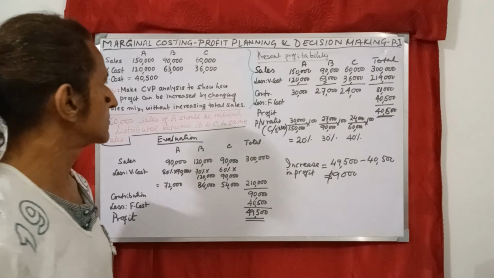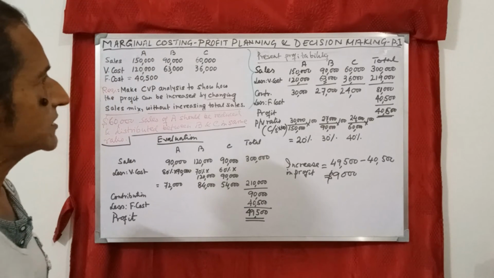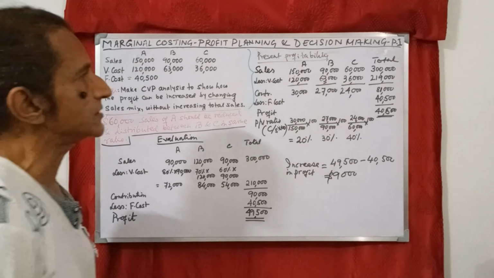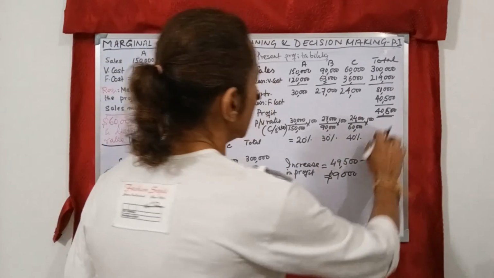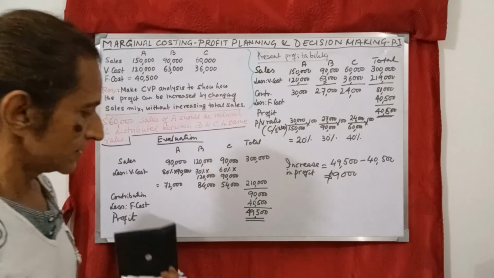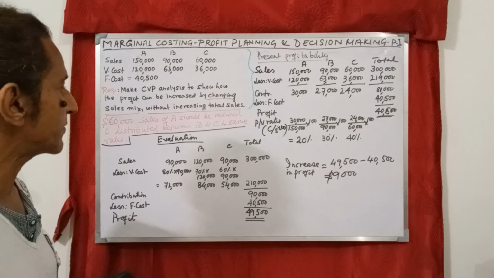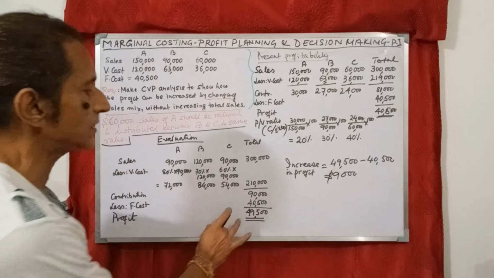So before the decision of changing the sales mix, total profit of the firm was 40,500. And if the proposal to change the sales mix is implemented, then the firm is expected to earn a profit of 49,500.